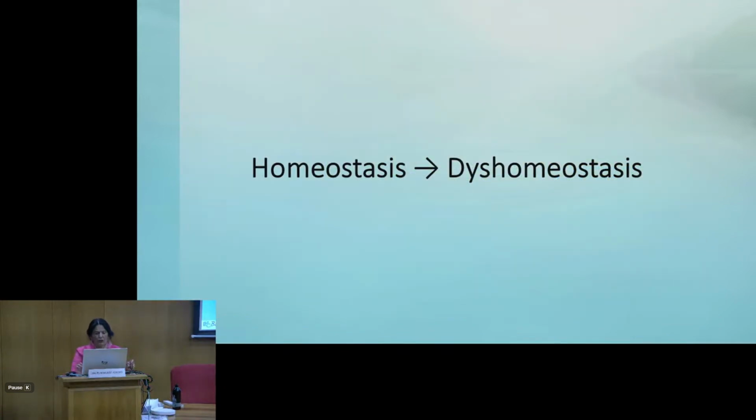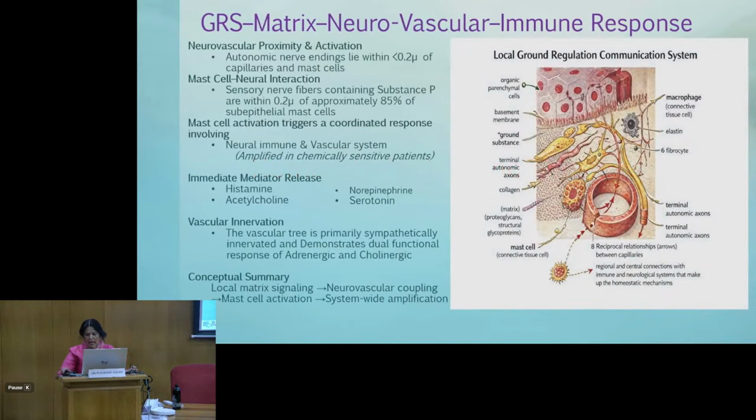So now let's look at what homeostasis is and how that spectrum, that pendulum, moves to dyshomeostasis. It's very important, it's the only one thing I want you to take home, to understand what this total ground regulation system is. And as you see, this ground regulation system maintains the homeostasis.